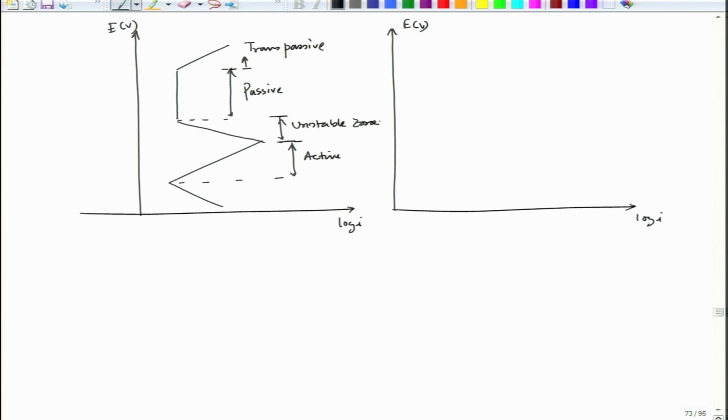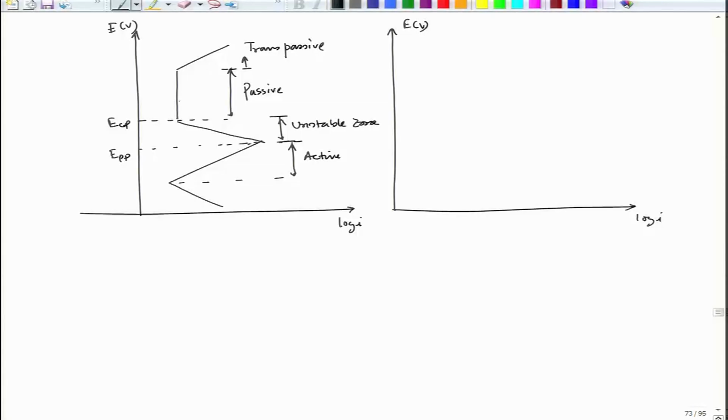Why is this an unstable zone? This gap between EPP and ECP. In this gap, the system hasn't attained the steady state yet, because we have talked about steady state in this zone, and the metal hasn't achieved that steady state. So, this is basically an unstable zone.